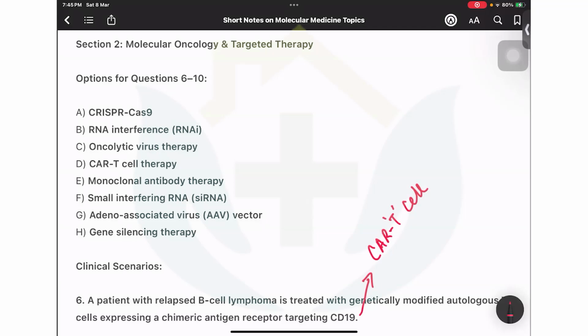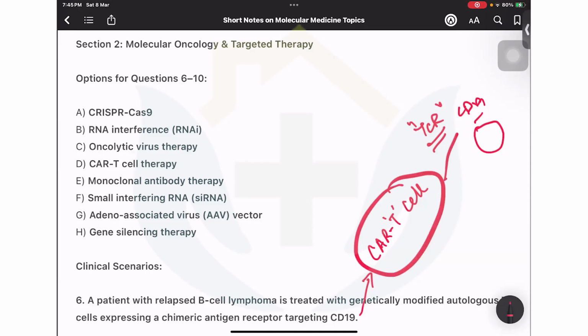CD19 is present on the B cells, which are basically causing B cell lymphoma. So we use CAR cells against CD19 to kill these B cells, because these T cells are basically killer T cells, which are CD8.